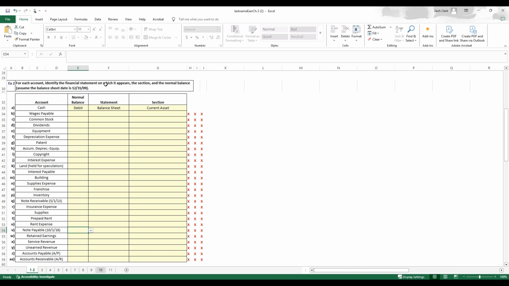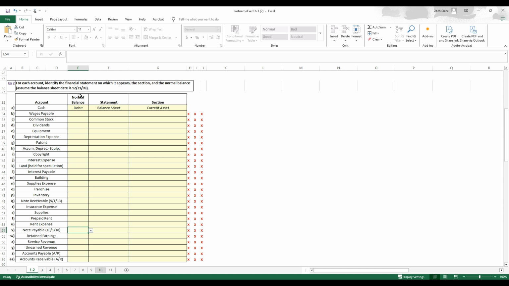One comment maybe I will just make is when you're looking at some of the liabilities, long-term liabilities like notes payable here, it could either be short-term or long-term depending on the end date of the liability.